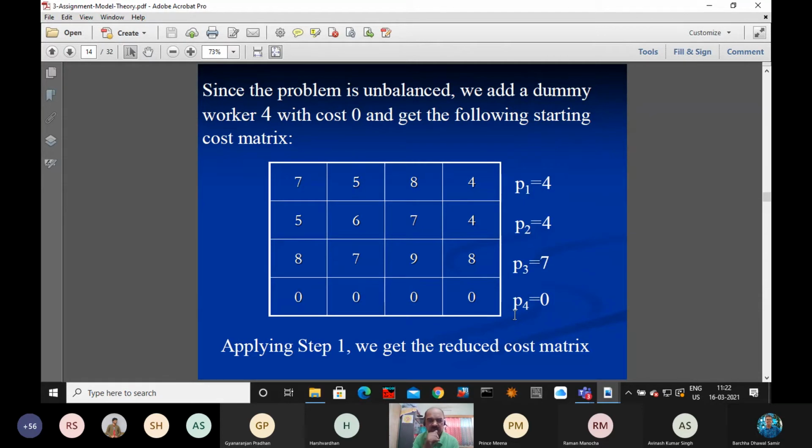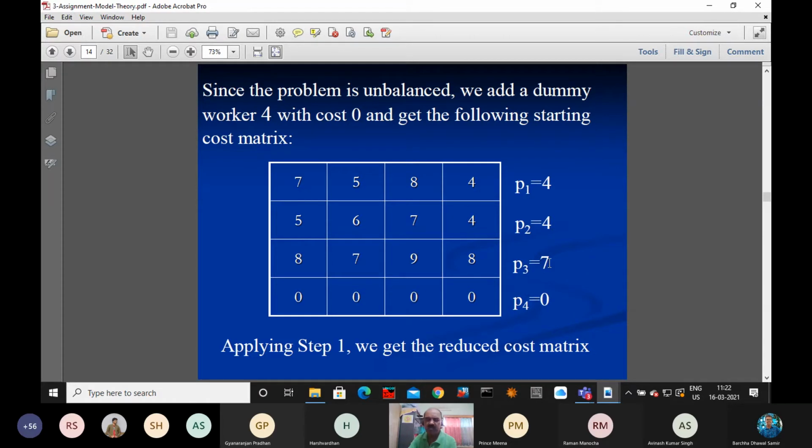after that, it becomes a square matrix. So when we find it unbalanced, we add a dummy worker with cost 0 and get the starting cost matrix in this manner. Now, in the first row, the minimum value is 4. Second row, the minimum value is also 4.